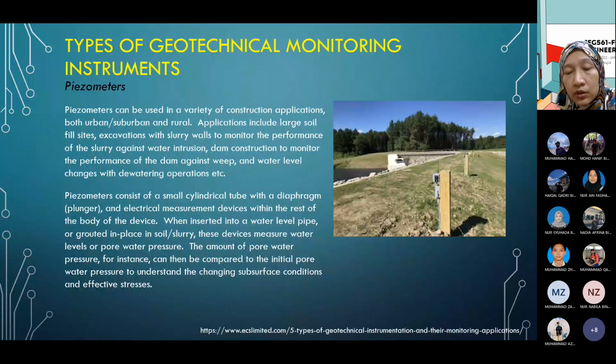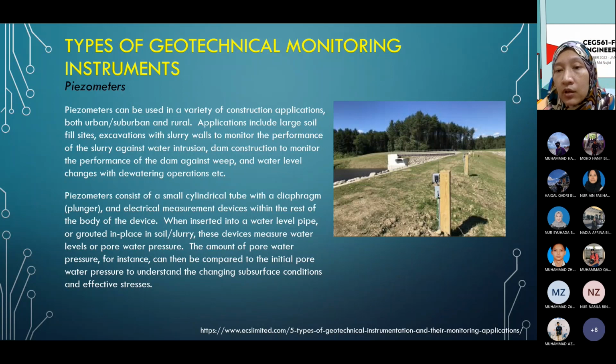This can also be seen when you estimate vertical displacement below the embankment. If you construct a road with a trial embankment, the trial embankment must be installed together with the piezometers and also the inclinometers. The purpose is that it can give you some idea of what failures of the infrastructure we may expect.